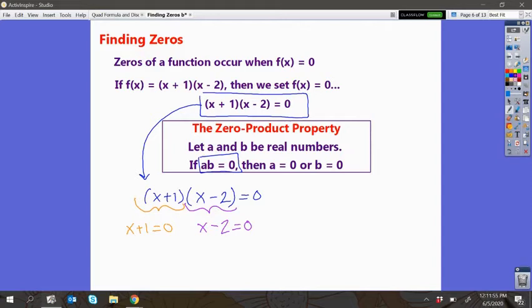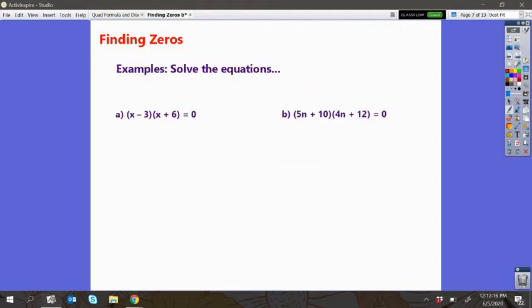What we need to do is split up our two factors, or those two pieces, and set them both equal to 0. When I solve them both for x, I get my zeros, -1 and +2. So we're going to use the zero product property to solve factored forms of quadratics.